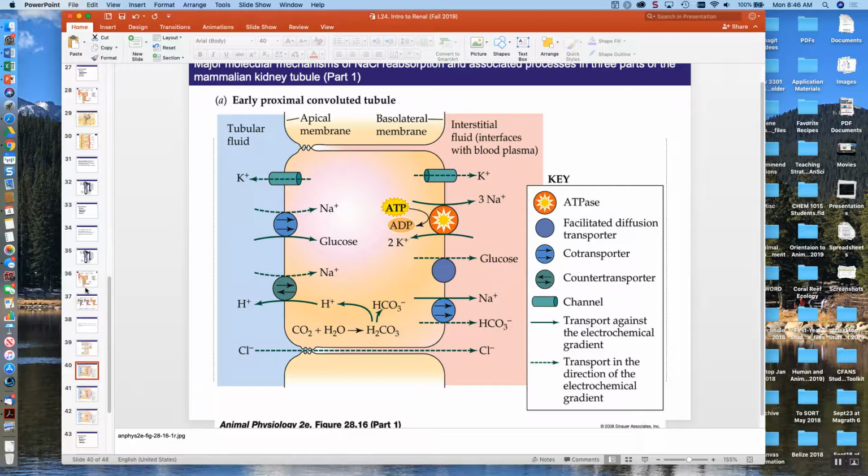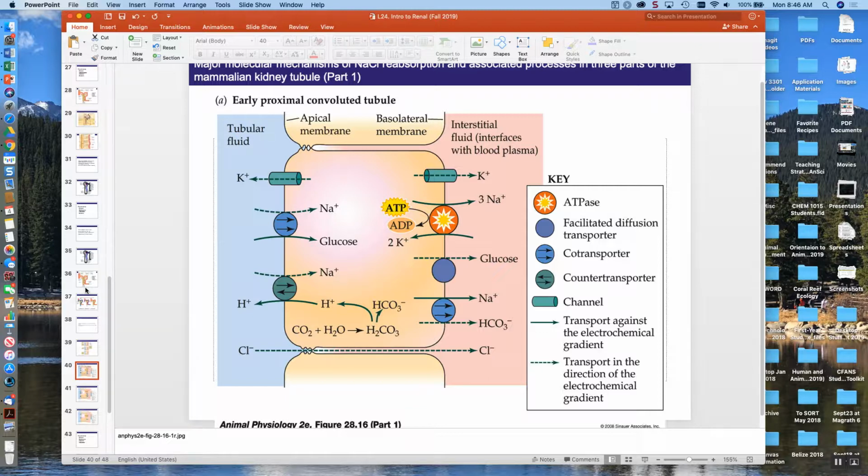And what we're doing is we're blowing up a portion of it, and we're actually looking at the epithelial cells that line this area right here.